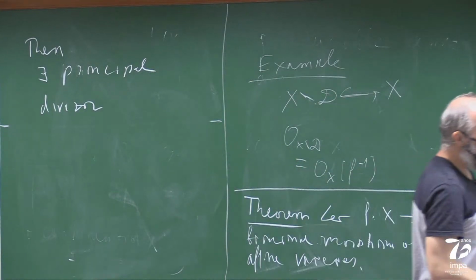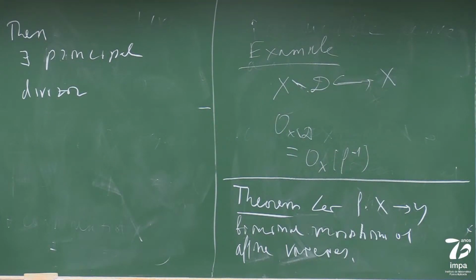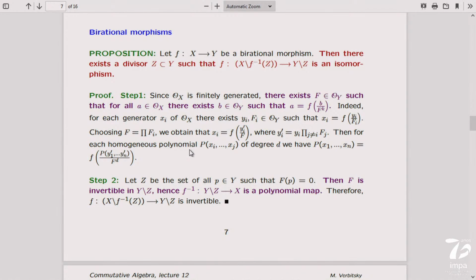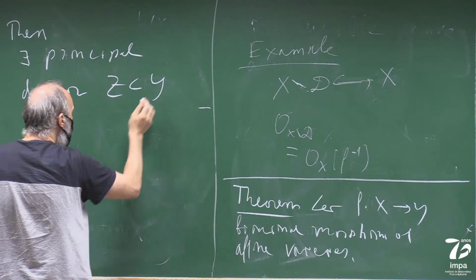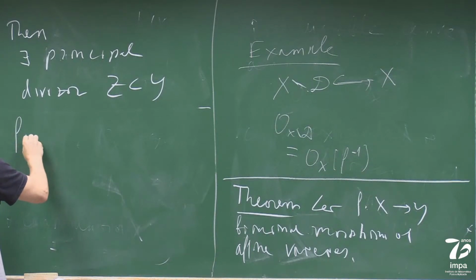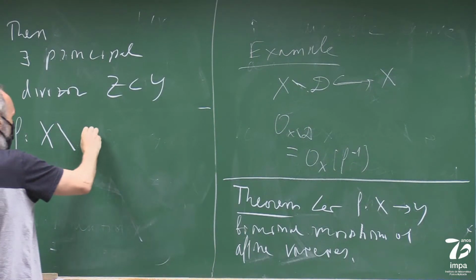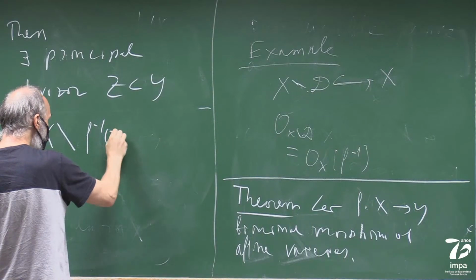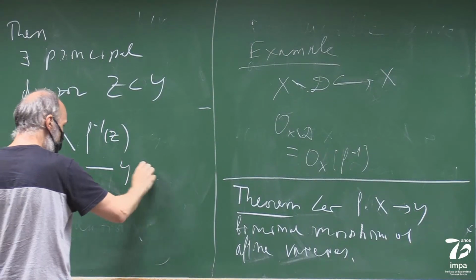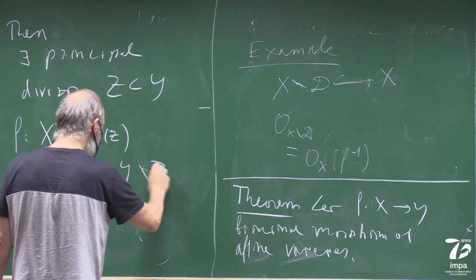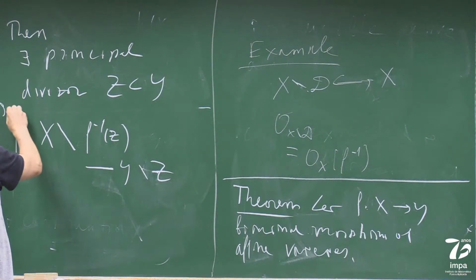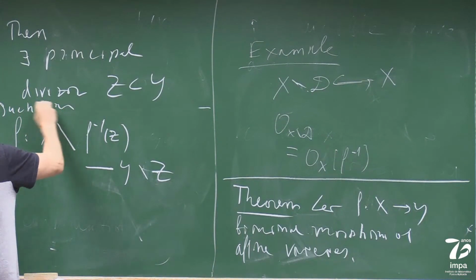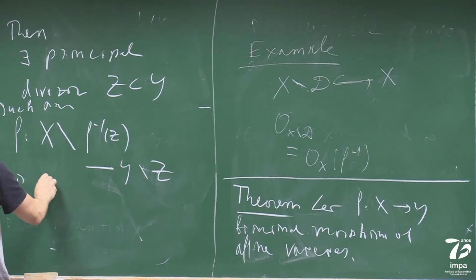We'll take a divisor in Y and its preimage Z inside X. And this gives you a map f from X without the preimage of Z to Y without Z, such that this map is an isomorphism.